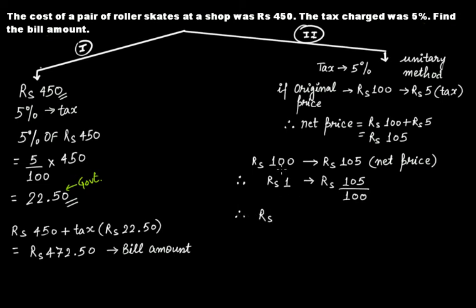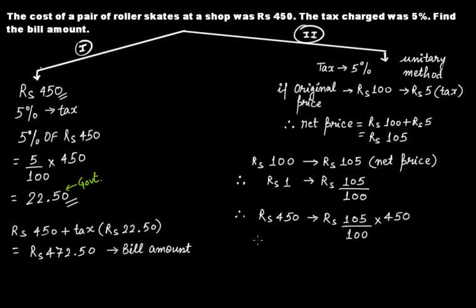Therefore, for rupees 450, this is the original price. Here we first assumed that if it is rupees 100, and according to the tax 5%, rupees 105 will have to be paid. Therefore, we calculate for rupees 1. That's what the unitary method is about. And then for rupees 450, the net price that the customer needs to pay is 105 divided by 100 multiplied by 450.